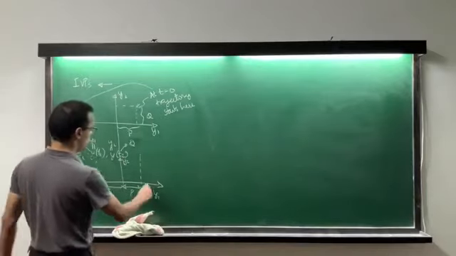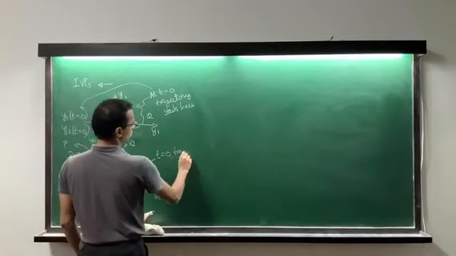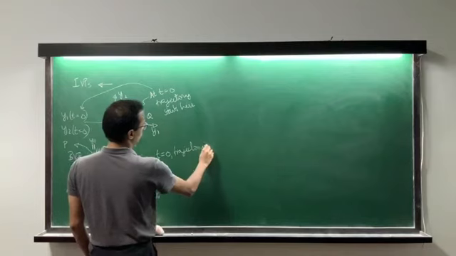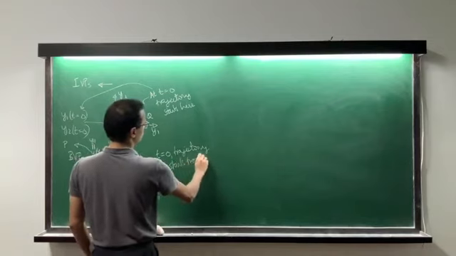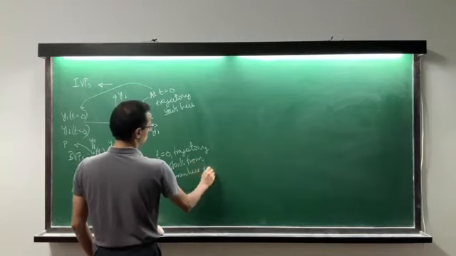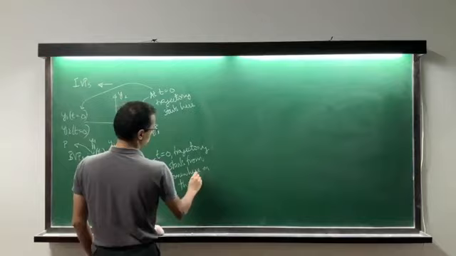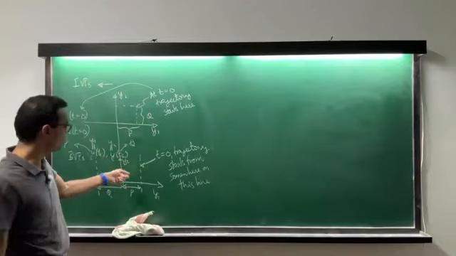Okay, so at t equals 0, the trajectory starts from somewhere on this line. Okay, we don't know where, it starts somewhere, because we haven't specified the slope, so we haven't specified y2.